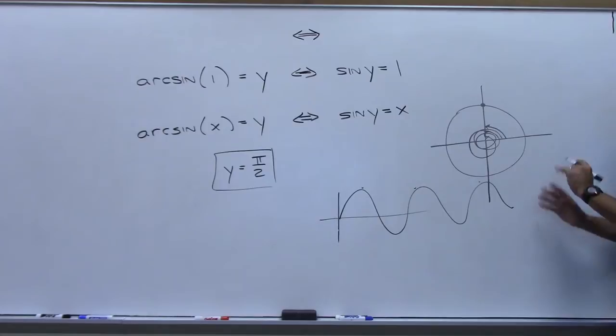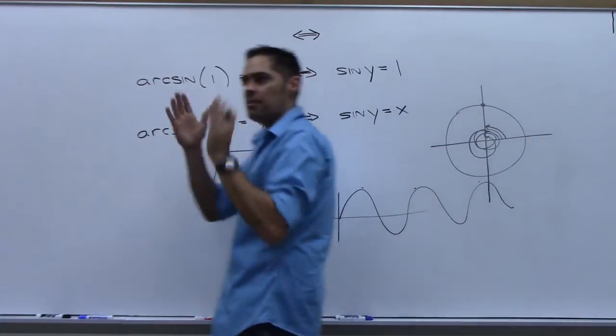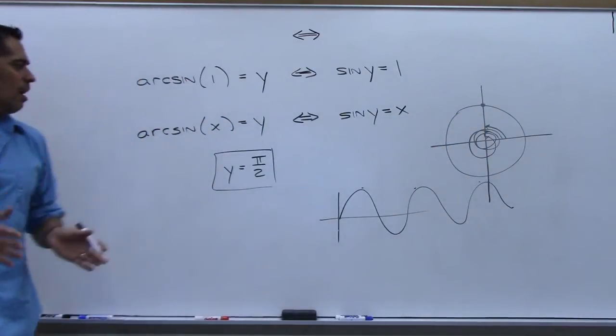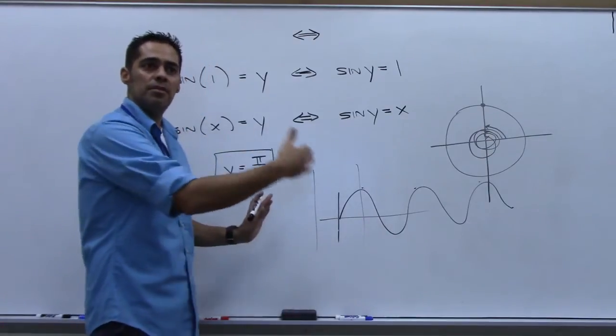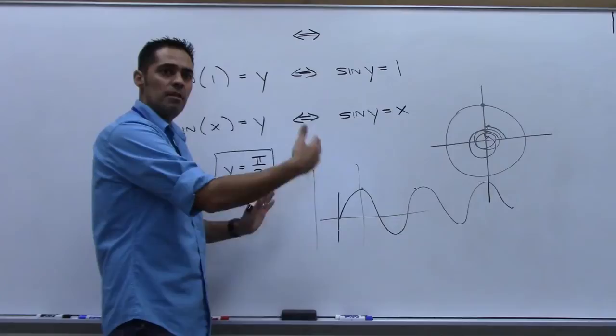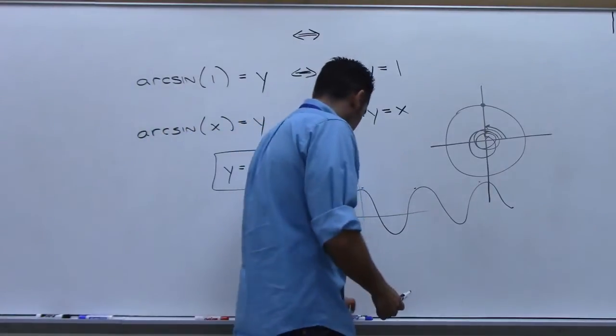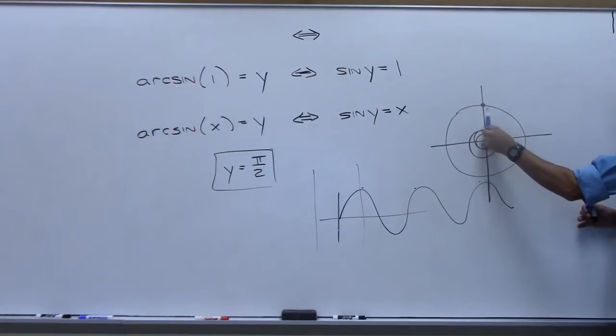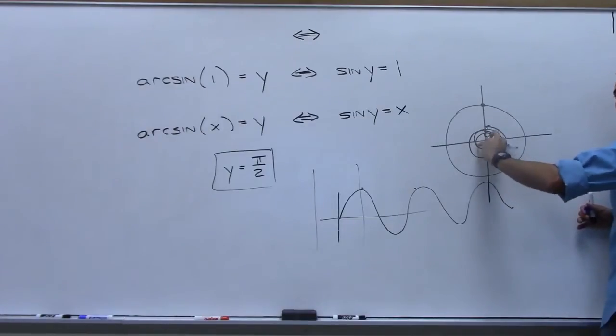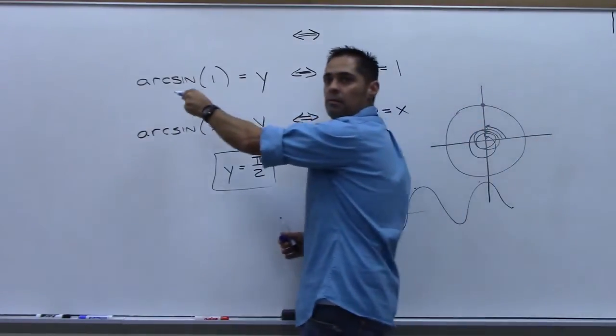But that's why the inverse has to be cut. We cut it off, and you can only look between two values, negative pi over 2 and pi over 2. That's the only place you can look. So you're only allowed to rotate up 90 and down 90 if you're looking at an inverse sine.